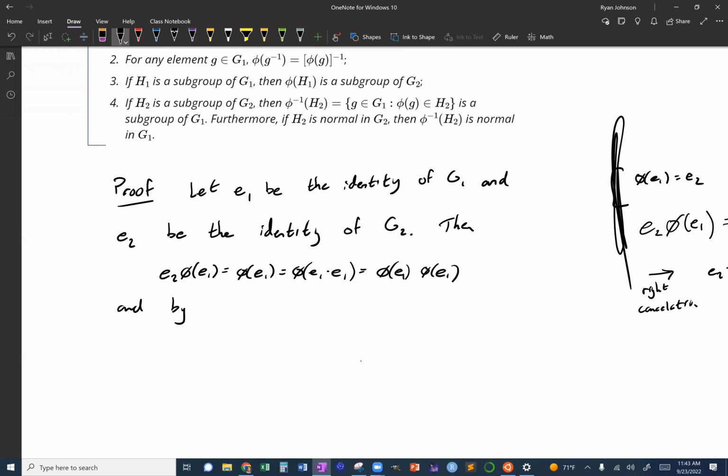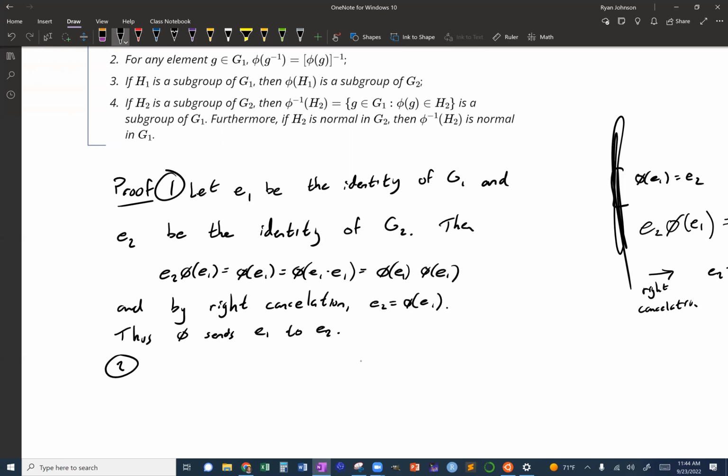And by right cancellation, E2 equals phi of E1. Thus, phi sends E1 to E2. All right, that was proof of one. Okay, proof of two is also fun. Let's see if we can figure it out.